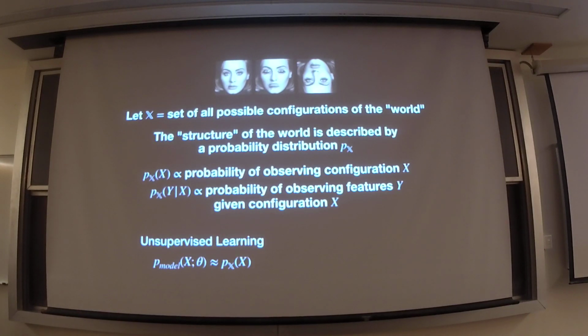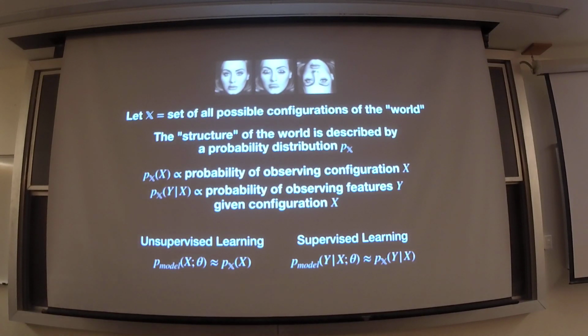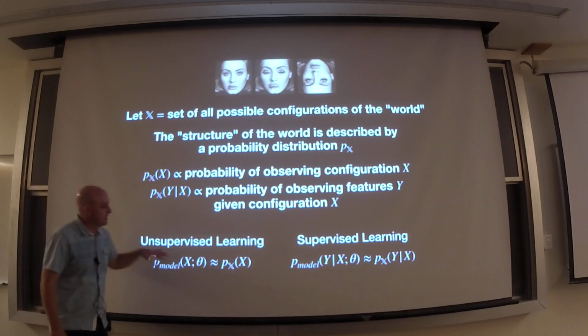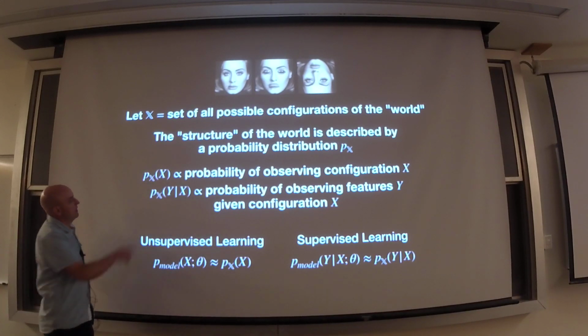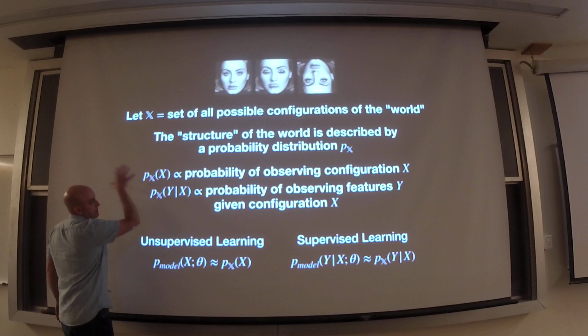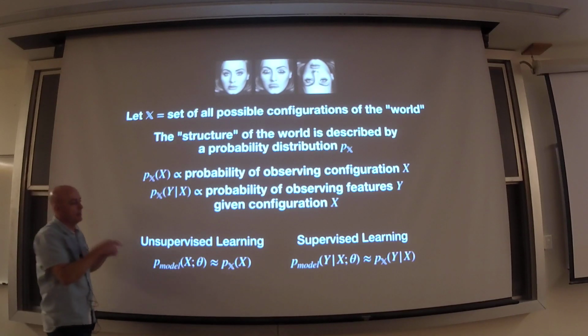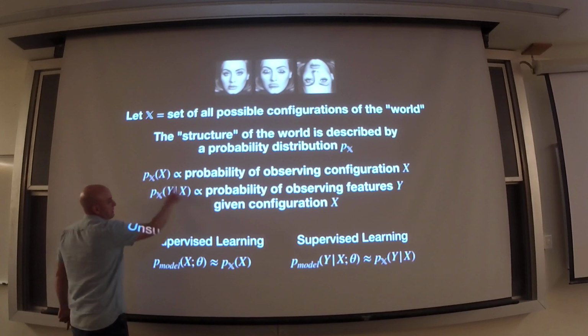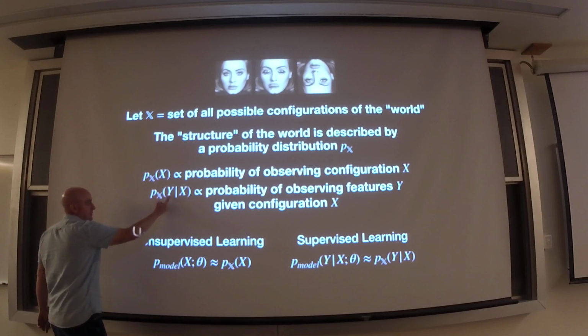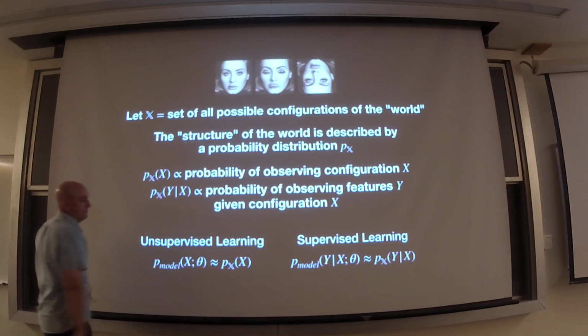And it turns out that when we have these 2 notions, we have our 2 major divisions of machine learning. Unsupervised learning can be characterized as learning just the distribution of our configurations. And supervised learning can be thought of as learning these conditional distributions, learning the features Y given the configuration given to our model.